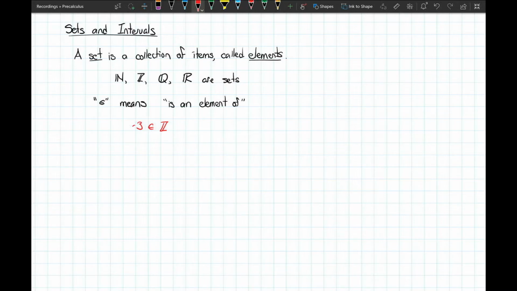And we can cross that out if it's not an element of something. -3 is not an element of the natural numbers. √2 is not an element of the rational numbers, but √2 is an element of the real numbers, for example.